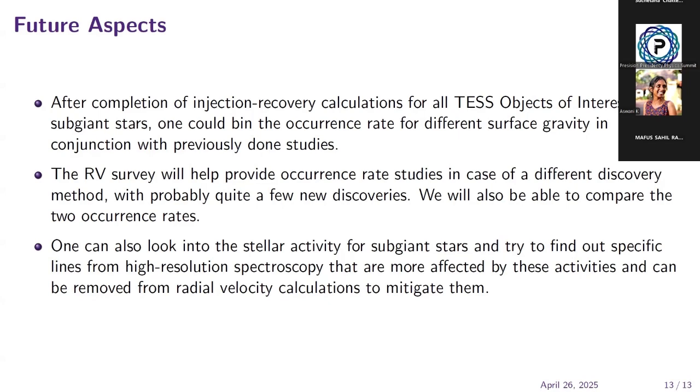So the 23 chromospheric lines which are used, we intend to study all of them for the 82 samples that we hope to get data from. We would also like to characterize the activity limits, and hopefully, if we can find some of the lines which can be eliminated, then we can increase the precision of exoplanet detection around subgiant stars.